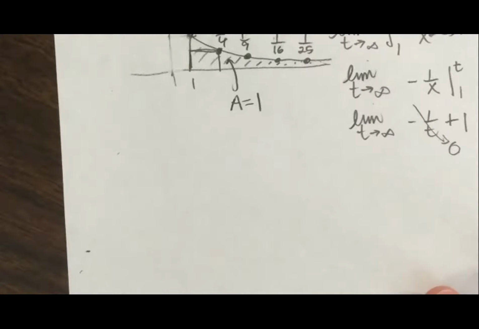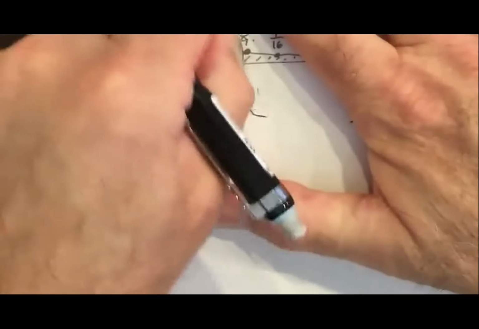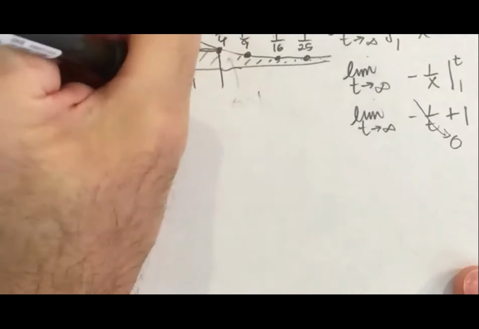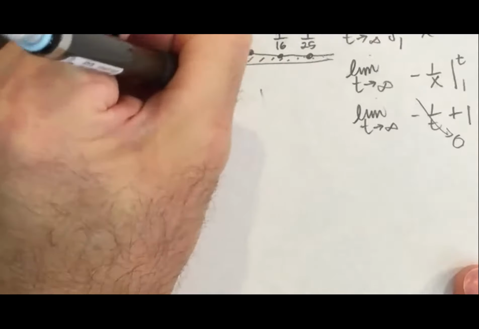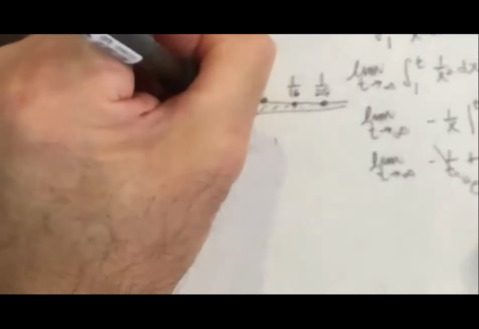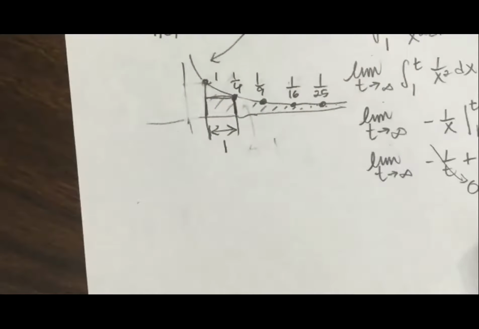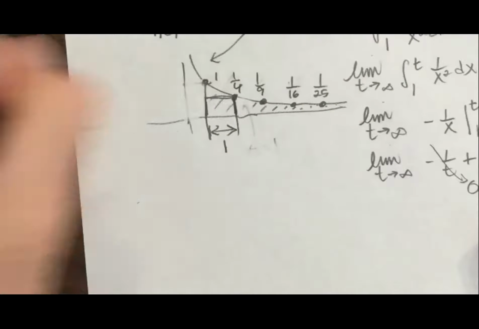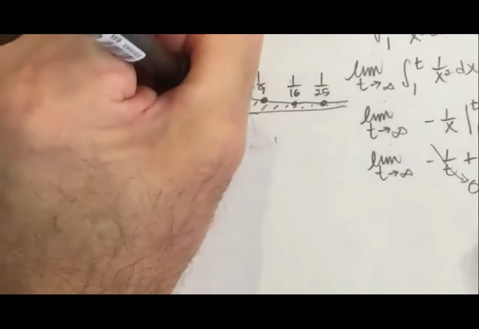How big is it? How much area is there? Well, this distance is 1, and this height is 1/4. So it's 1 by 1/4, and the area in here is 1/4.